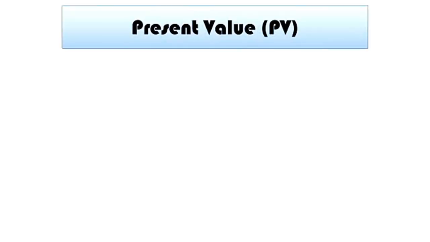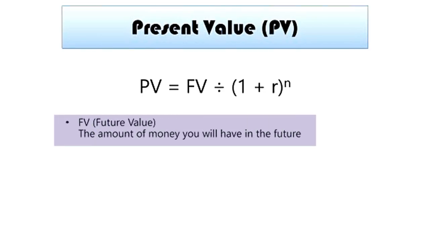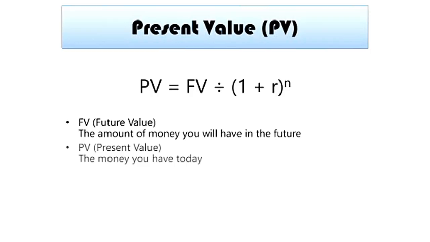Now that we know how to calculate for future value, what today's money can become, let's flip the question around. Present value, or PV, asks the opposite. What is money you receive in the future worth today? Just like earlier, the formula may look technical, but it's simply undoing growth over time. FV, or future value, is the amount of money you will have in the future. PV, or present value, is the money you have today, and this is actually what we're trying to compute in the equation.